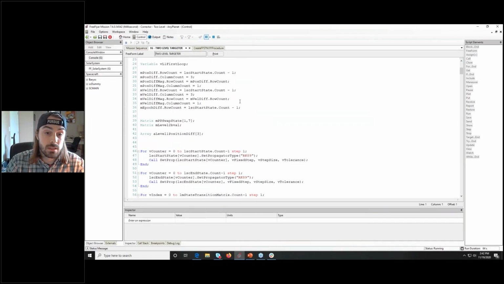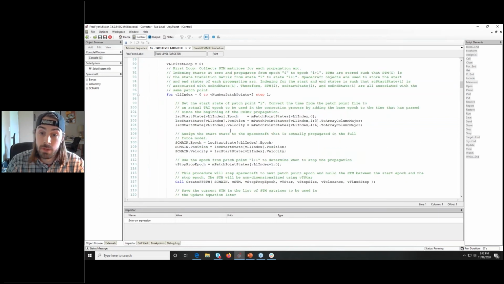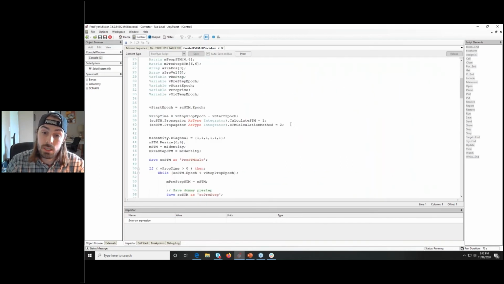What this particular mission plan relies on fairly heavily is both the matrix math and the state transition matrix in FreeFlyer, particularly using the variational equations for the ephemeris model. Now, if anybody has had to code this up on their own, it is a tedious process to do all 36 elements of the state transition matrix and propagate them forward and validate it.